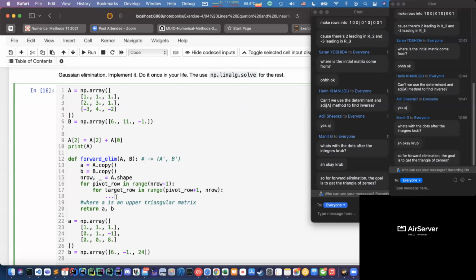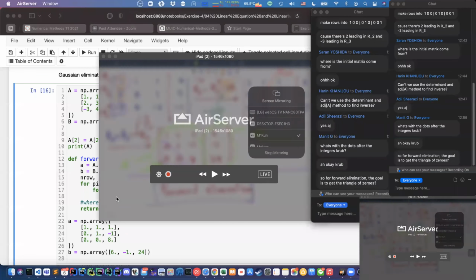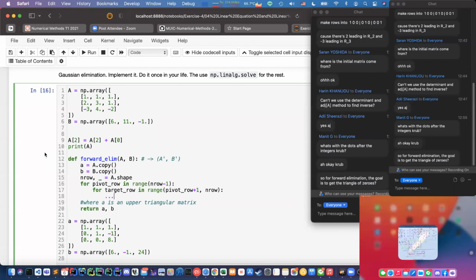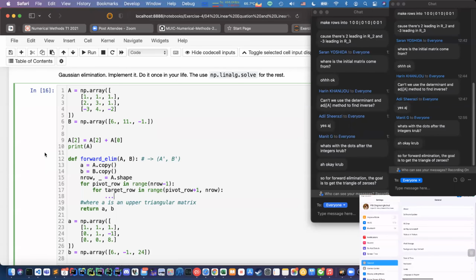Okay. Is there a button to lock my screen so it doesn't go to sleep?